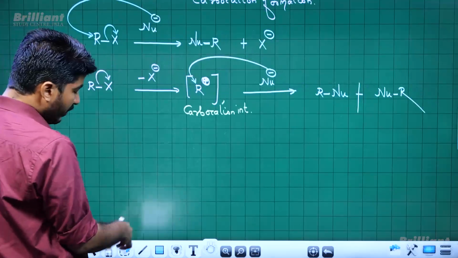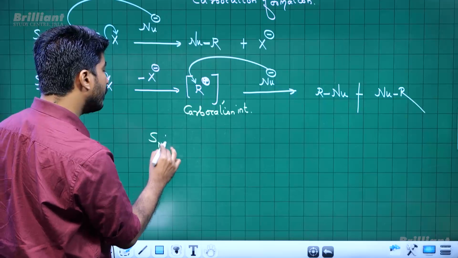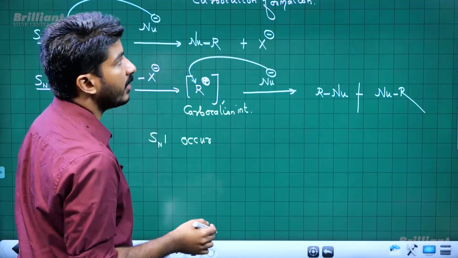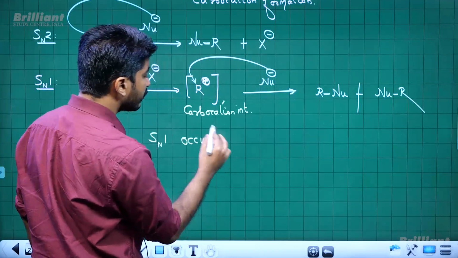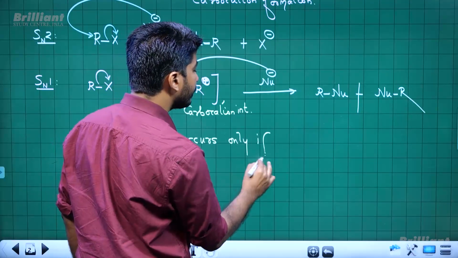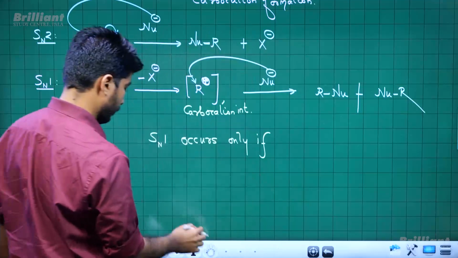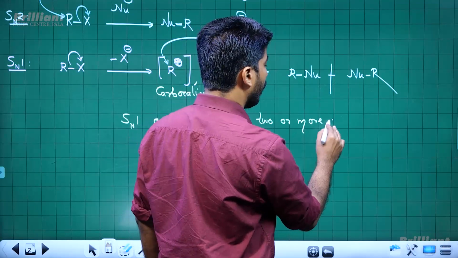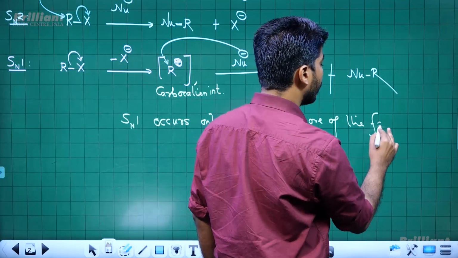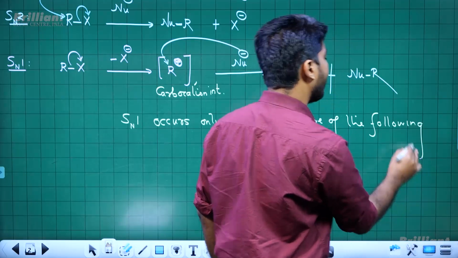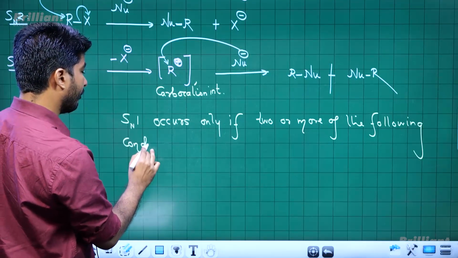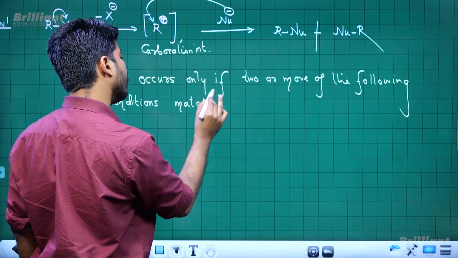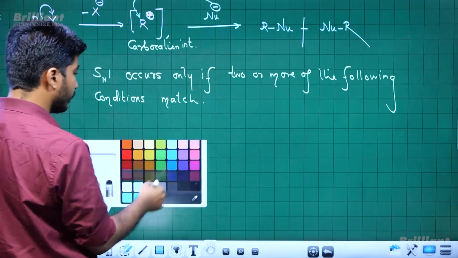And SN1 is favored only if at least two criteria match. SN1 occurs only if two or more of the following criteria are met.